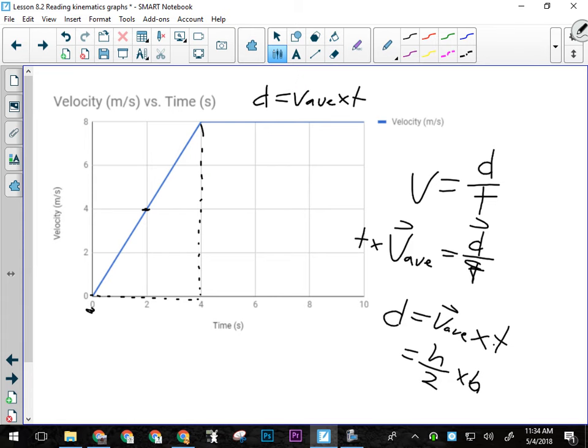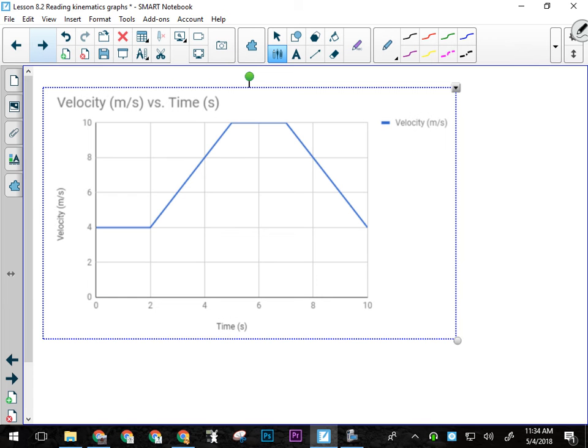All right. I want you guys, using this graph, to do a couple of things. The first thing I want you to do is calculate, let's say, the acceleration between 2 and 5 seconds, right?